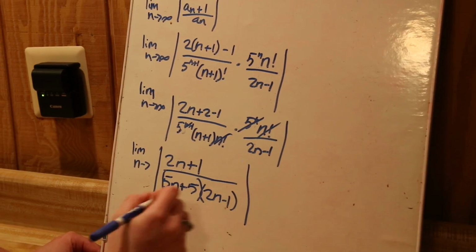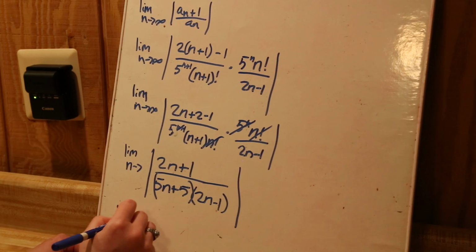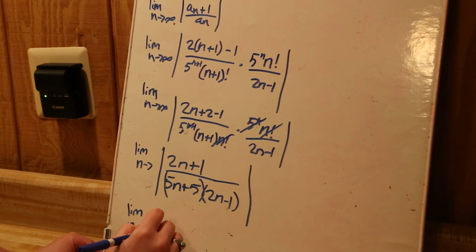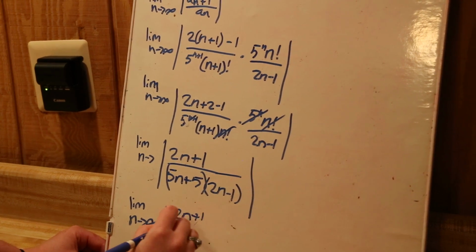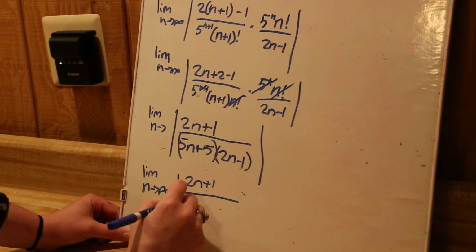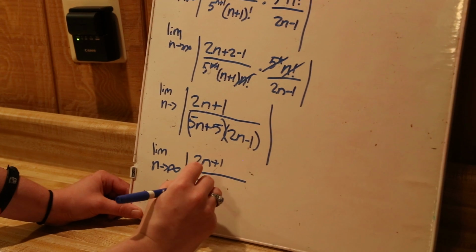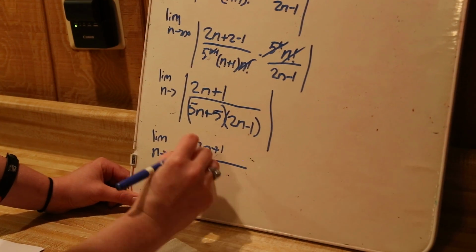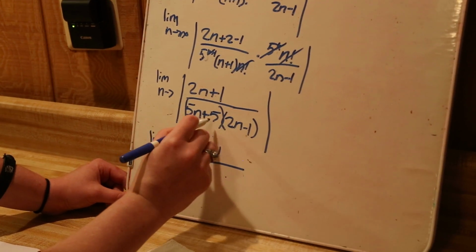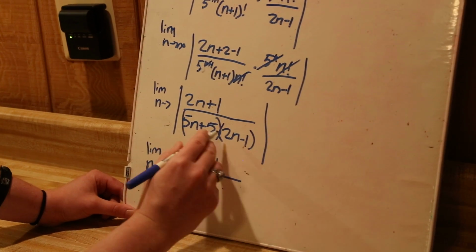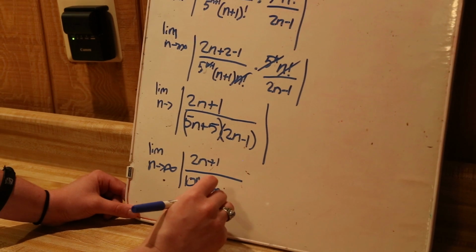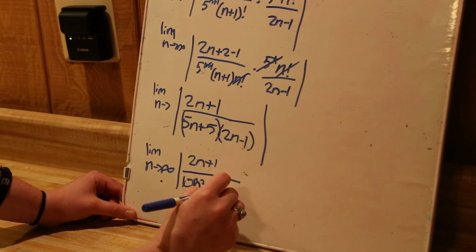Now we have to FOIL this, so we get the limit as n approaches infinity, the absolute value of 2n + 1 all over 10n squared minus 5n plus 10n minus 5.